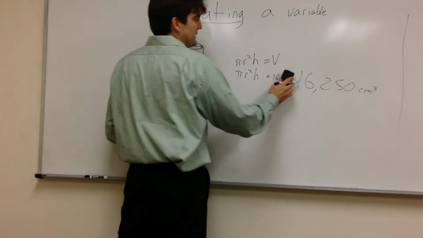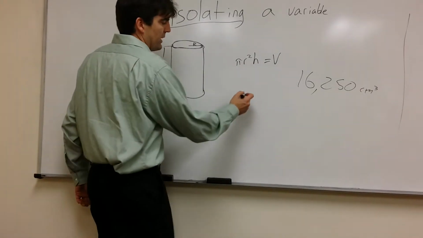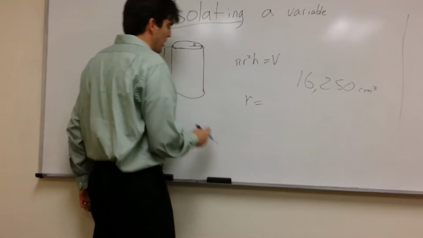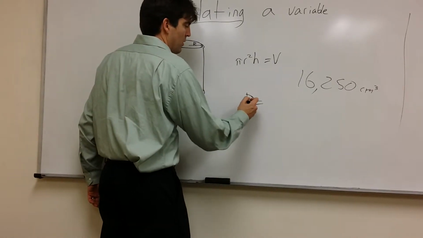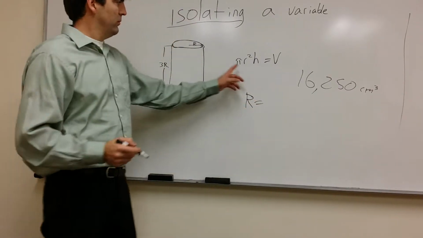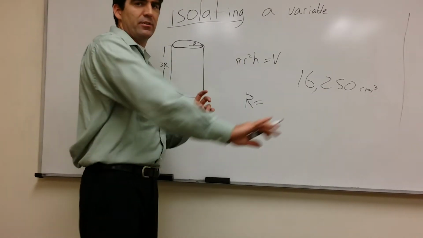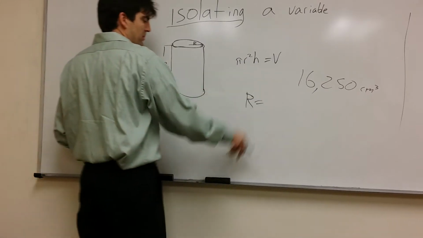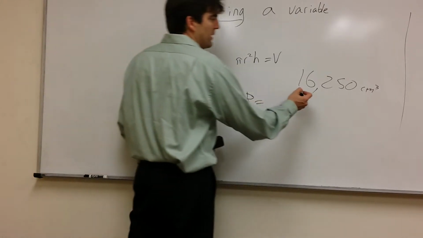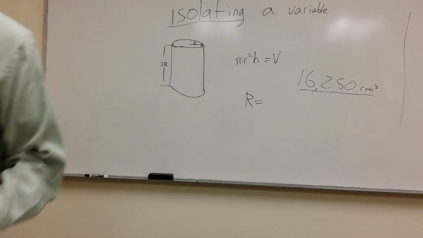So really an easier way to get through this problem is to solve it so that I have it to where it tells me what R is. Well, I guess I've been using a capital R. If we manipulated this thing to where R was isolated and everything else was on the other side, I think we'd be in good shape to take our volume that our customer wants and turn it into a radius.